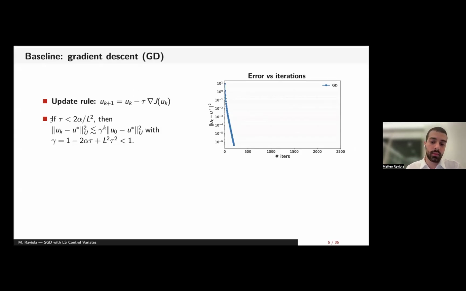With the current assumptions, if we take the step size small enough, then the error of the iterates decreases exponentially, with the rate shown here. And you can see in this plot that we have very fast convergence of this algorithm. So think of gradient descent in our setting as our baseline, the ideal algorithm we would like to have.